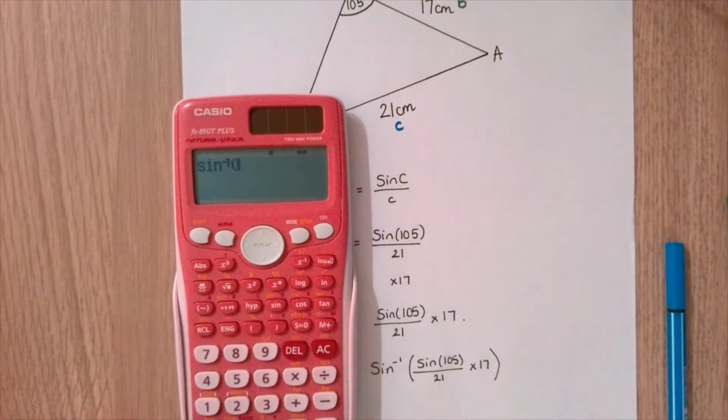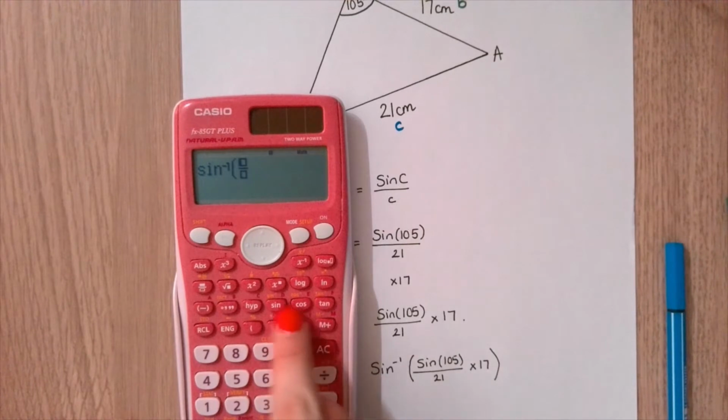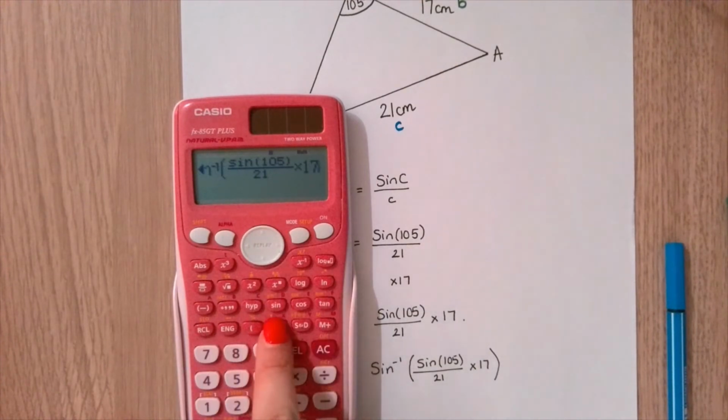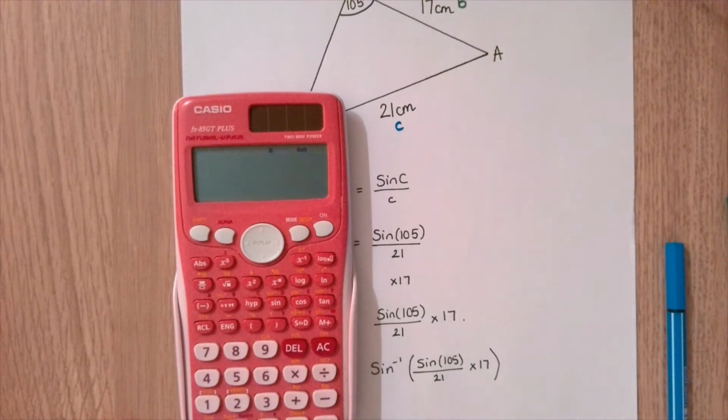Shift and the sine button will get you the inverse sine. Insert my fraction button, sine of 105 over 21 multiplied by 17, close that bracket at the end, and I get this value here.